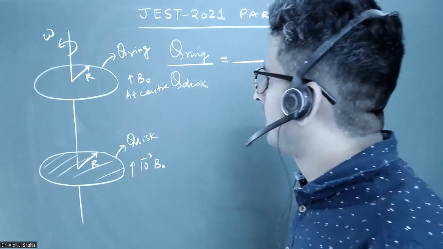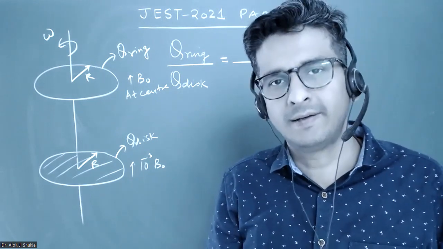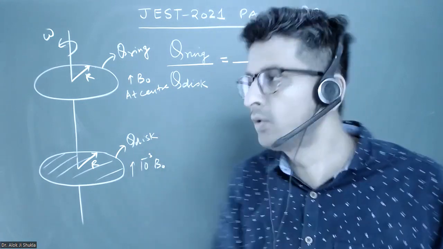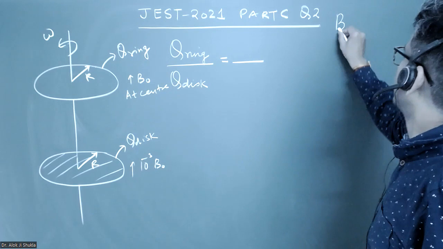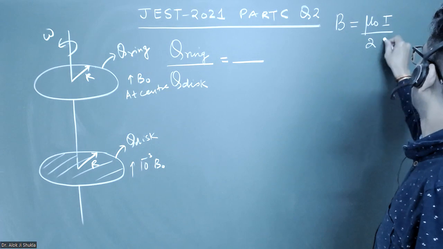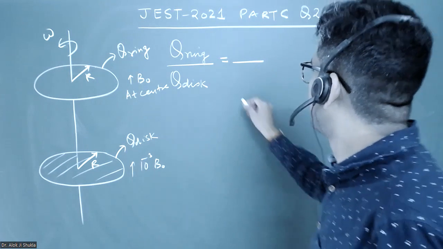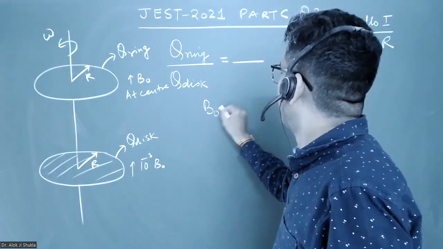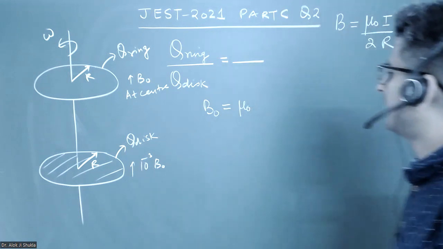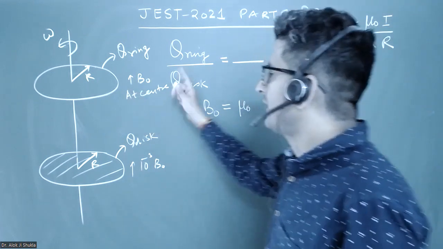So let me tell you, we will consider the idea that there is a current, and because of that current, there is a magnetic field at the center. If there is a circular loop, the magnetic field at the center is given by mu naught I over 2 times the radius, whatever the radius is. So in the first case, B naught will be equal to mu naught over 2r times the current. The current is charge over time.